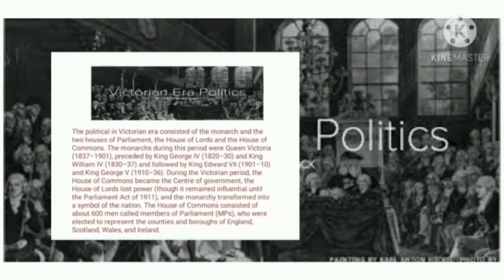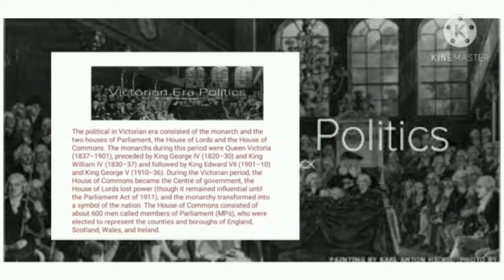The monarchs during this period were Queen Victoria, 1837 until 1901, preceded by King George IV, 1820 until 1830, and King William IV, 1830 until 1837, and followed by King Edward VII, 1901 until 1910, and King George V, 1910 until 1936.